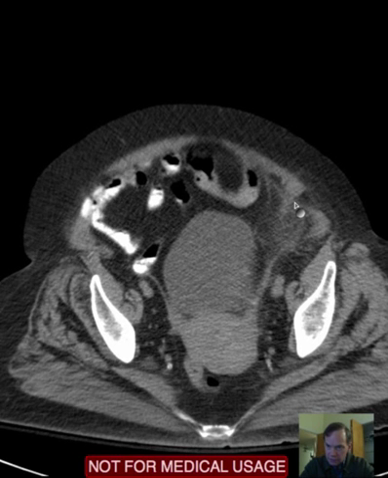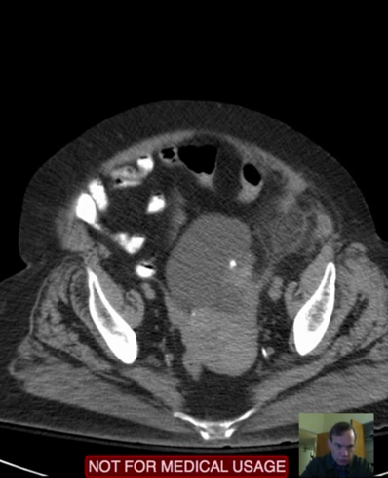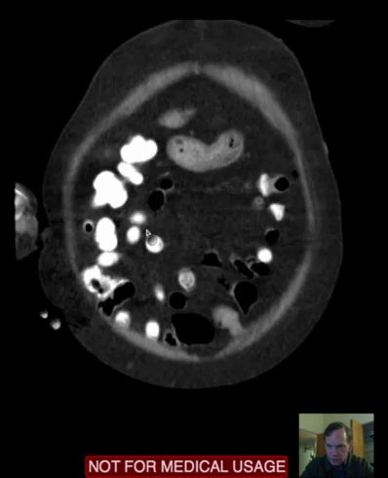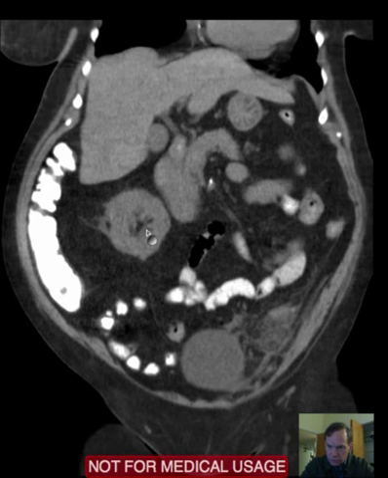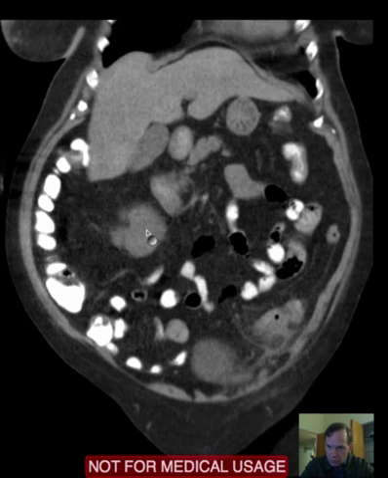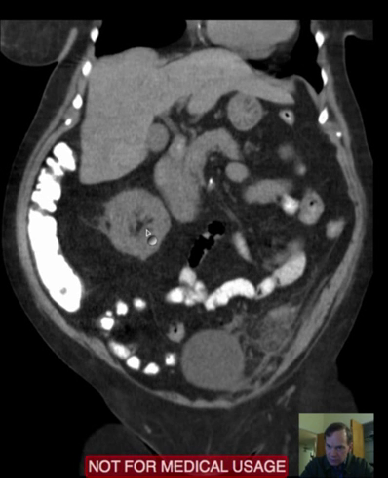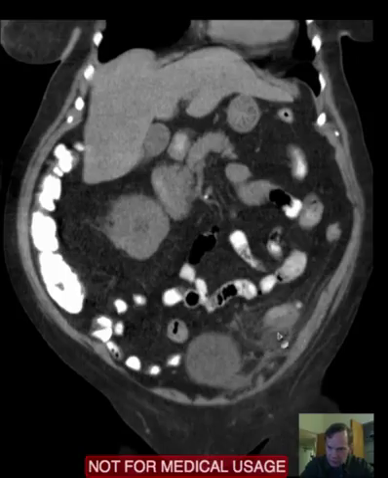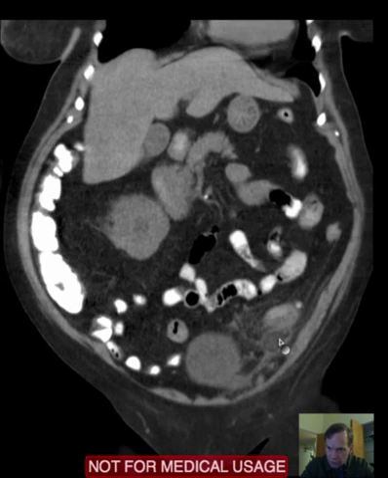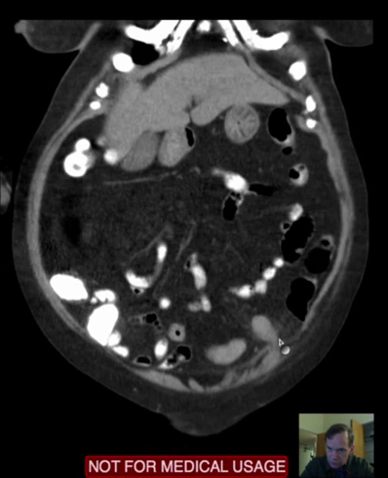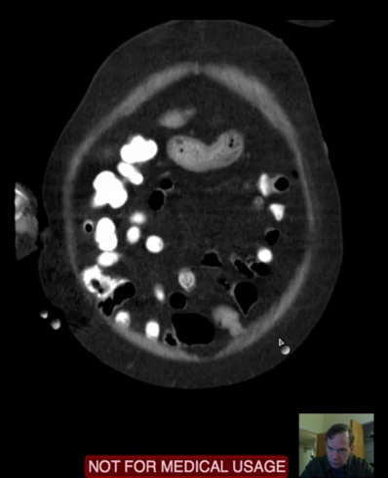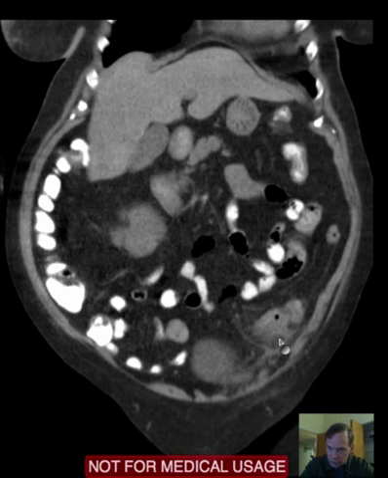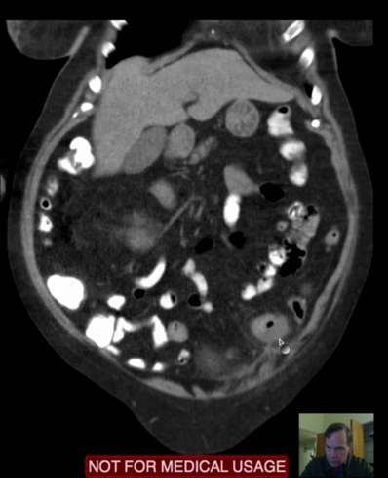So what we have here then, and I'll put this on the coronal images to give you a little bit better of an anatomic relationship here. What we have in the left lower quadrant then is this pedunculated kind of elongate structure with associated stranding, and it's right next to colon, and the colon is associated with some inflammatory edema in the wall of the colon there as well.